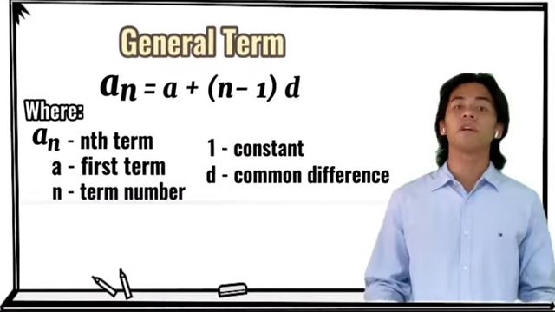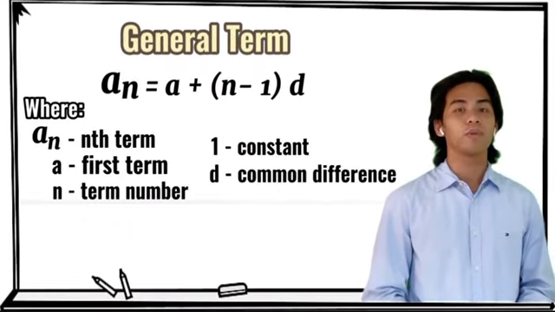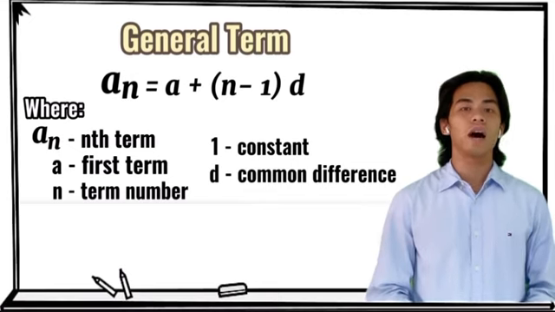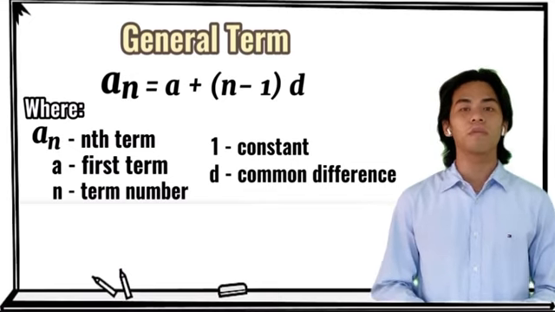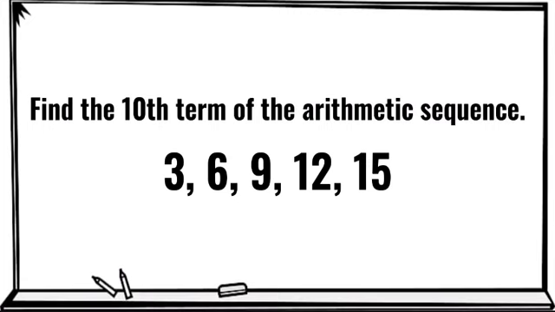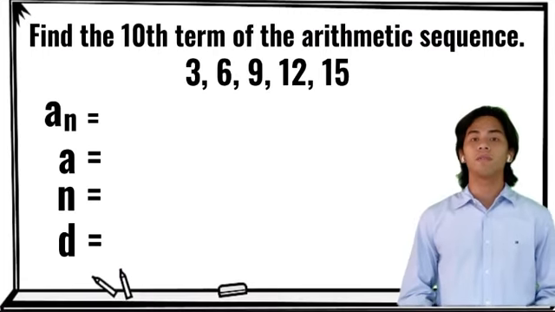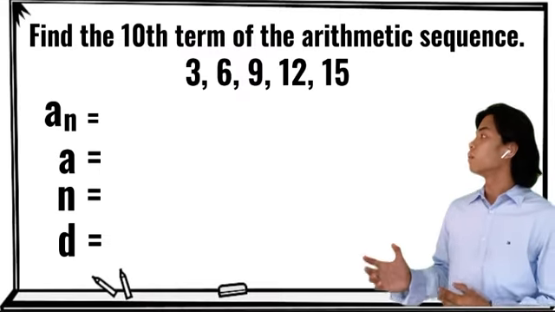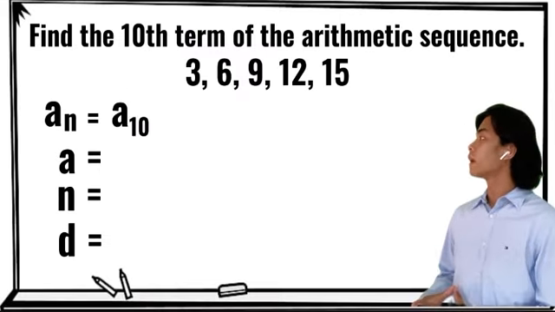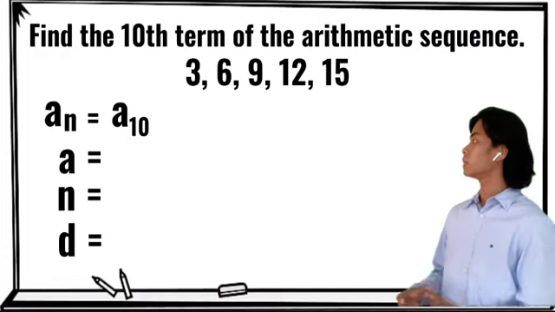Now that we have the general term for an arithmetic sequence, we can use it in solving the following problems. First, we need to identify the given. The a sub n will be a sub 10, since we are finding the 10th term of the arithmetic sequence.